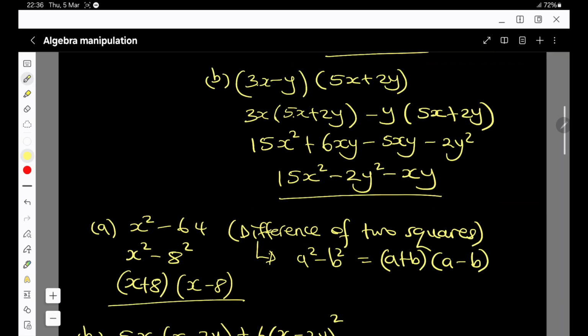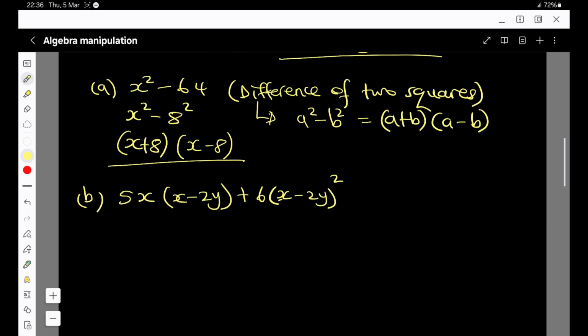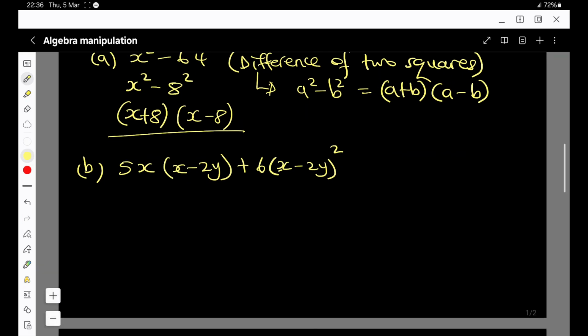Remember, we are factorizing. Factorizing means we are compressing whichever thing has been expanded. So to factorize basically means to collect like terms and then compress them to reduce.